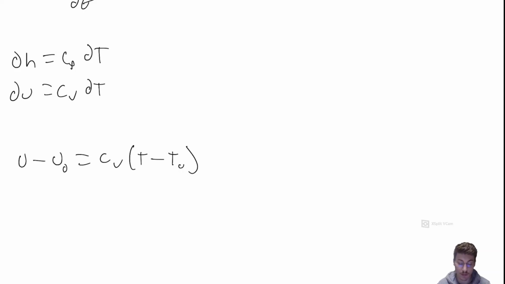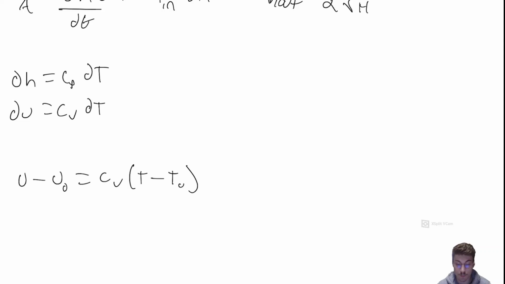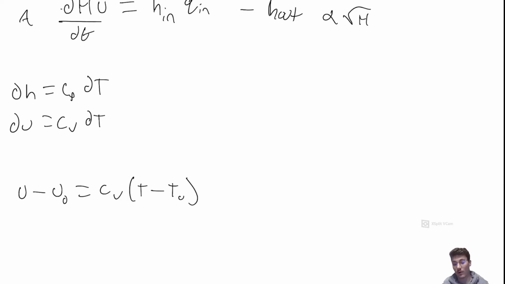So then we can plug this back in. The reference temperature can be anything it needs to be, so it could be 0, it could be 200, whatever, but that initial reference temperature is not going to change with respect to time because we had set it at an initial temperature, essentially.